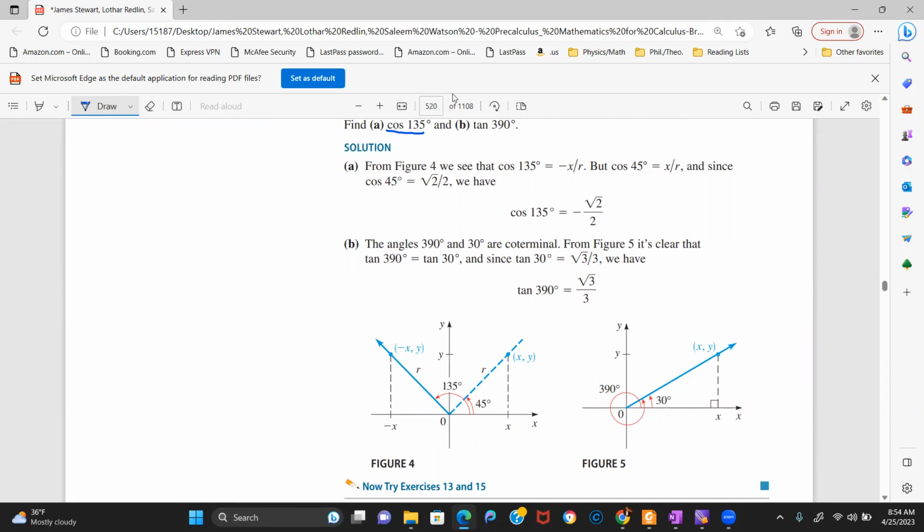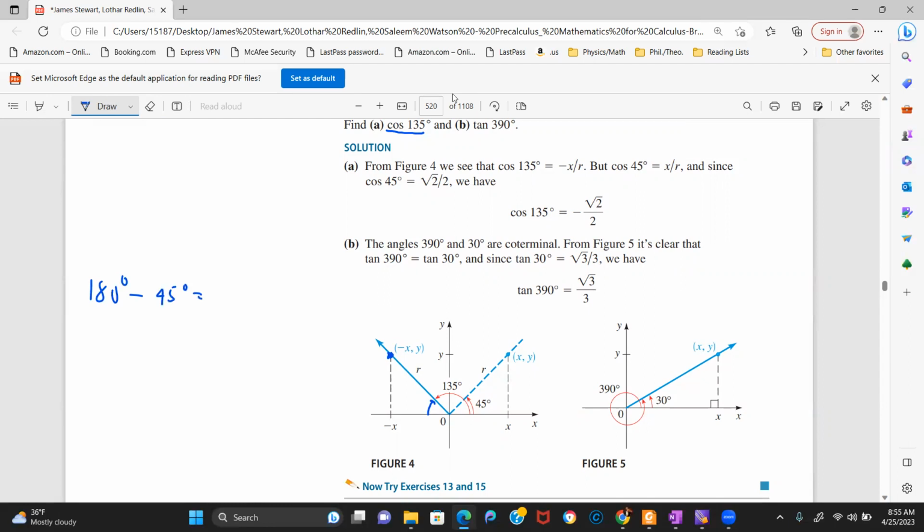So when you rotate the x-axis 135 degrees, you land in the second quadrant, and it determines some point negative x, y. Okay. Well, to get the coordinates, what is this smaller angle right here?